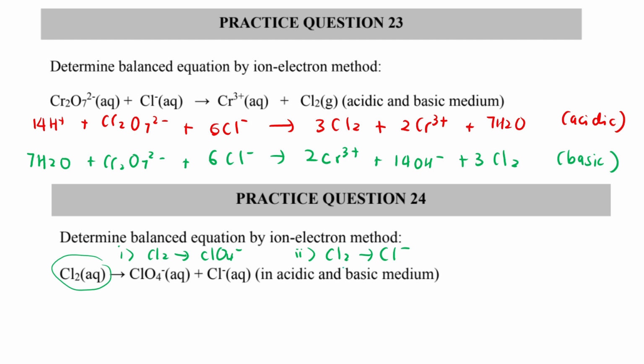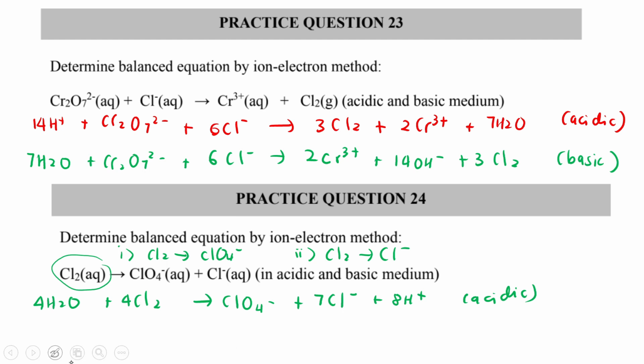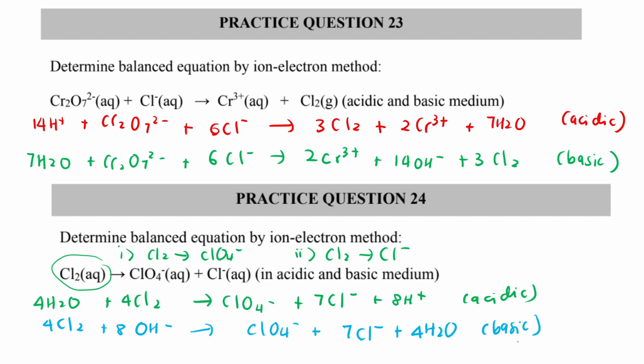Okay, so yang ini pun sama juga, saya akan bagi final answer je untuk acidic, plus 4Cl2 produce ClO4 minus plus 7. Okay, so this one the answer for basic medium.